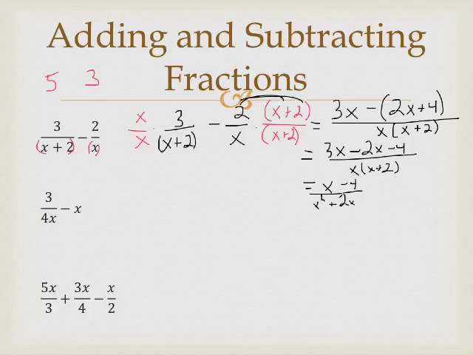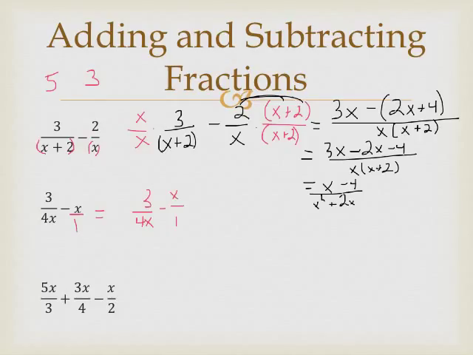Okay? Now the second example here. What is the denominator on this x? The denominator on this x is just 1. Okay? So whenever you see something that's not written as a fraction, you can make it a fraction by giving it a denominator of 1. Okay, so this is the fraction 3 over 4x minus x over 1. Okay? So aside from the fact that this is an extremely ugly x, we need a common denominator.